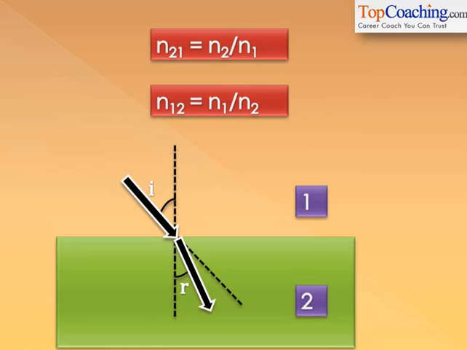Similarly, N12, that is refractive index of medium 1 with respect to medium 2 is refractive index of medium 1 with respect to vacuum, N1, divided by N2, the refractive index of medium 2 with respect to vacuum. So there are so many concepts, and I'm telling you more and more concepts with each slide. But yes, these are important and you must remember them.